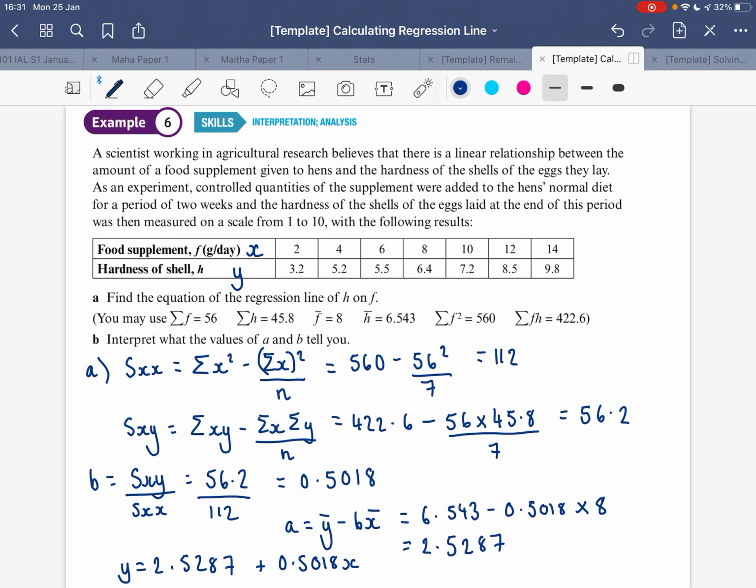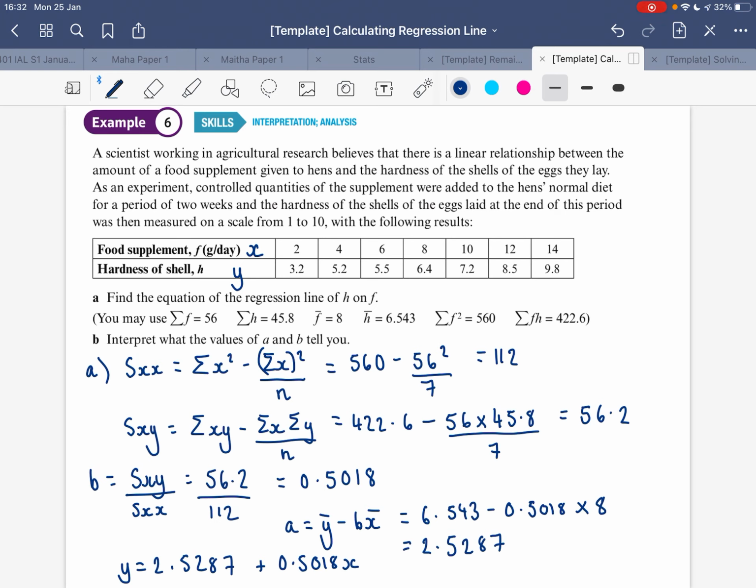Example number 6. Where are you? Okay, A estimates the shell strength when no supplement is given. Yeah, okay, so I was right. So A is when no supplement is given, when F is 0. Even if it has no supplement, it's still got a 2.5-ish hardness rating, which again makes sense.